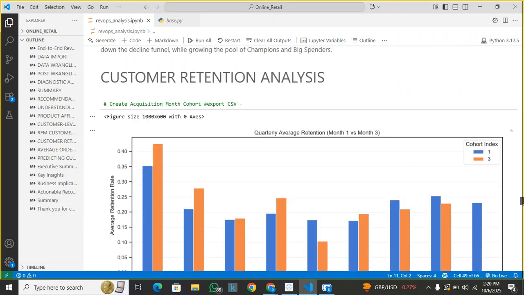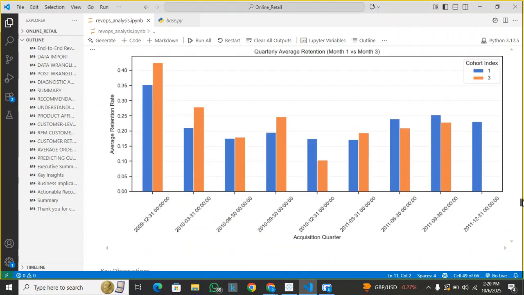I carried out customer retention analysis to see how customers are retained quarterly. These are the quarters in the years, that's within the 2 years. These are the number of quarters we have, and the blue signifies the first month of a particular quarter, and the orange signifies the last month of a particular quarter.